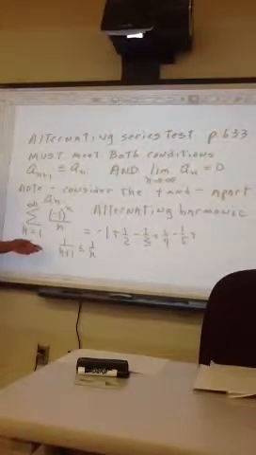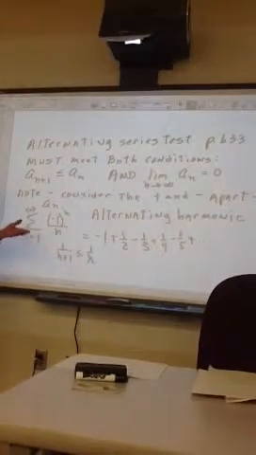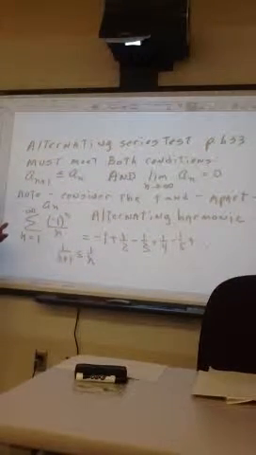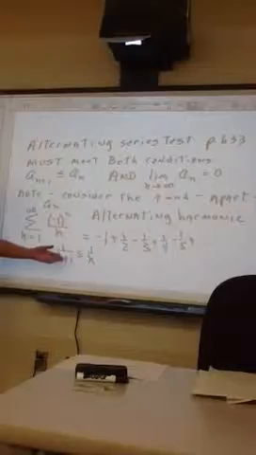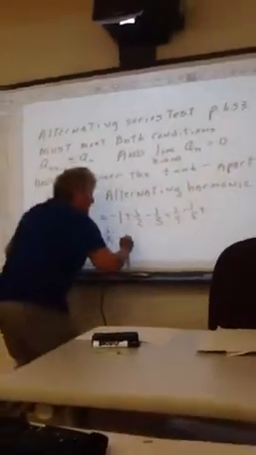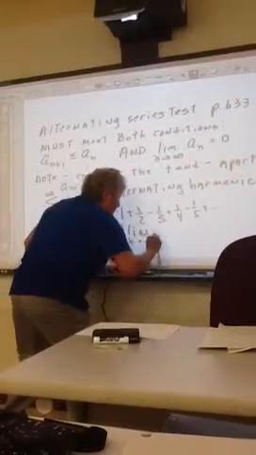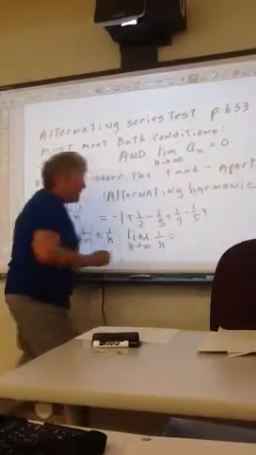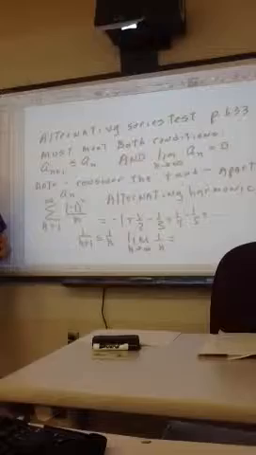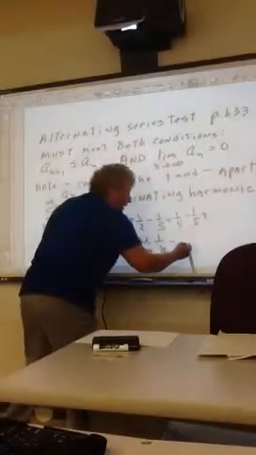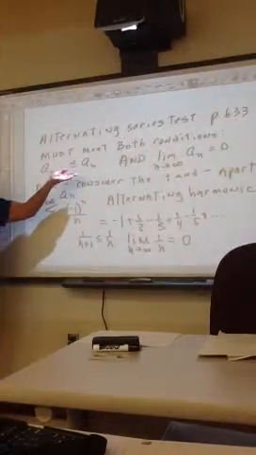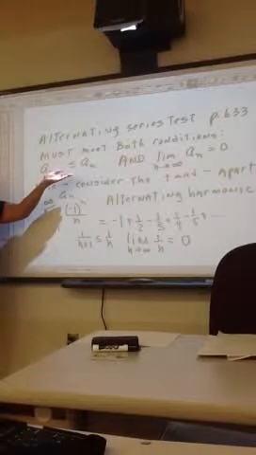And you can easily make this argument: when the bottom gets bigger, the fraction gets smaller, so we're good there. And the limit of the nth term is 0. Those are the two conditions for an alternating series to converge.